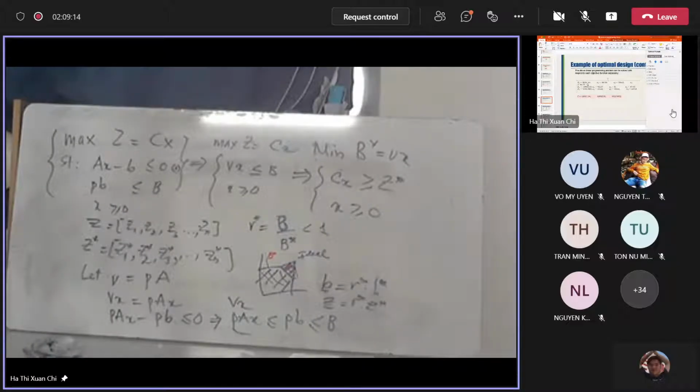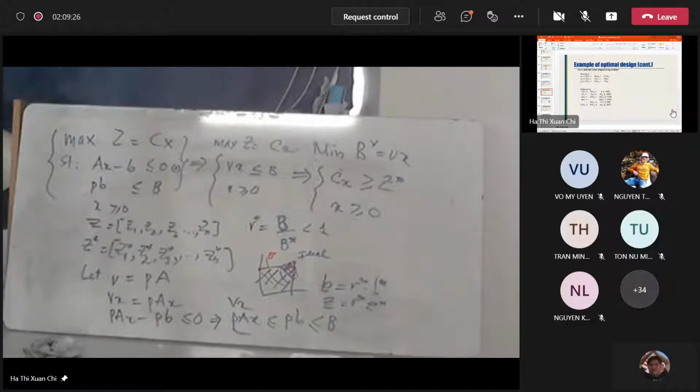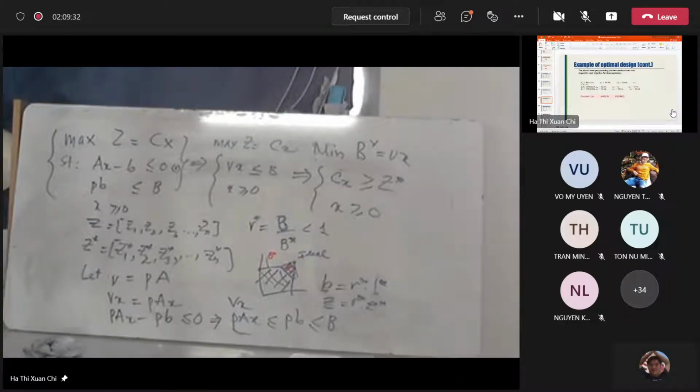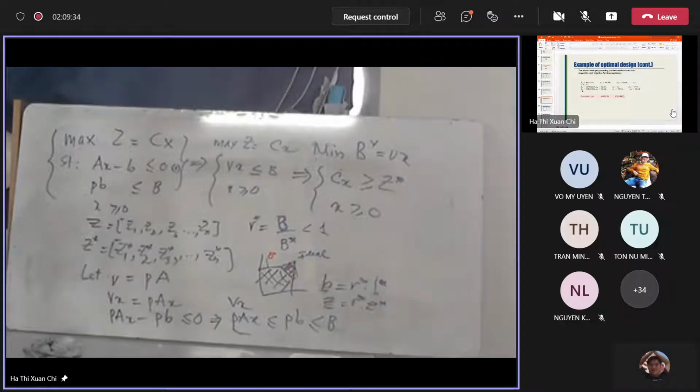So for Z1, we find the optimal solution. It means you take Z1 here, you combine it with subject 2, so you can get the solution Z1 here: X1, X2, and X3. Z2 and Z3 are the same.